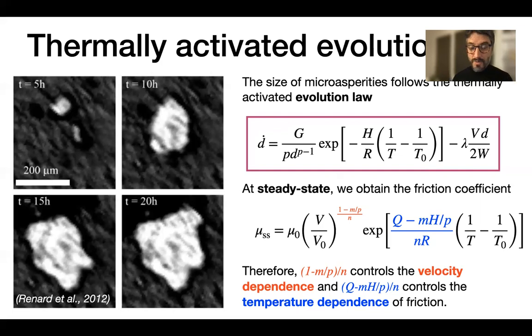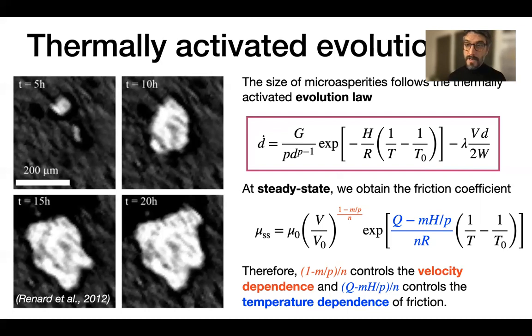The steady state response is a function of velocity and temperature to a power exponent, y minus m over p for the velocity that controls the velocity dependence. If this parameter is positive, the steady state response is velocity strengthening. If this parameter is negative, the steady state response is velocity weakening.